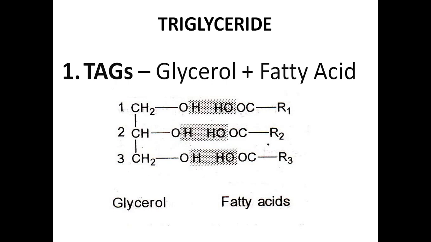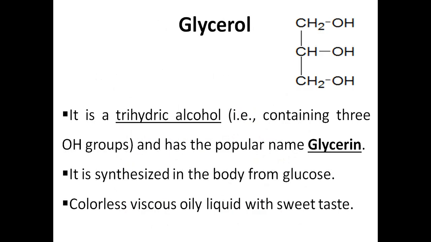Now the COOH group of the fatty acid and the OH group of the glycerol are involved in the esterification reaction, and this is removed as water. As a result, you will get the triacylglycerol. If all 3 hydroxy groups of glycerol are esterified with fatty acid, then it is called triacylglycerol.